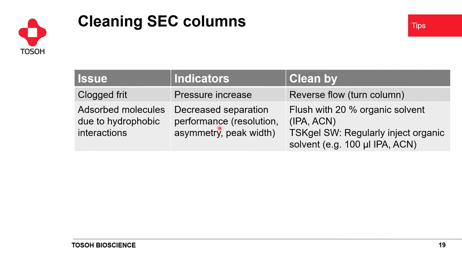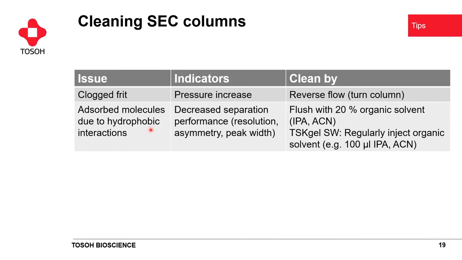Furthermore, what we might see is a decreased separation performance, meaning lower resolution, higher asymmetry, meaning tailings and frontings, higher peak width, and this may be due to adsorbed molecules.